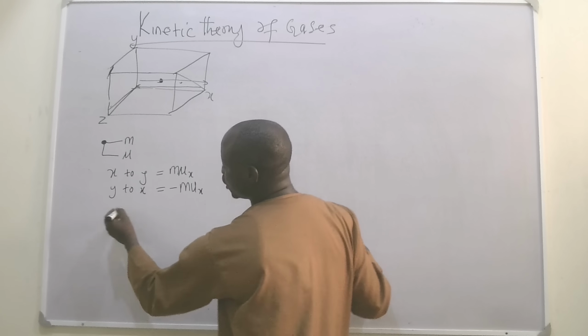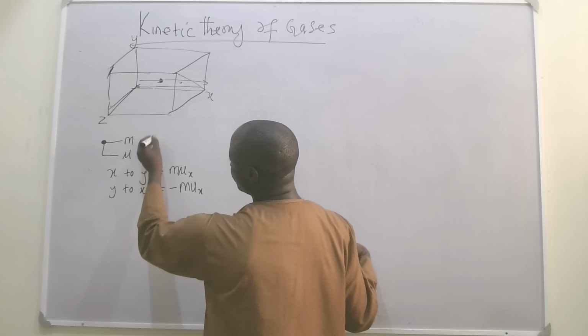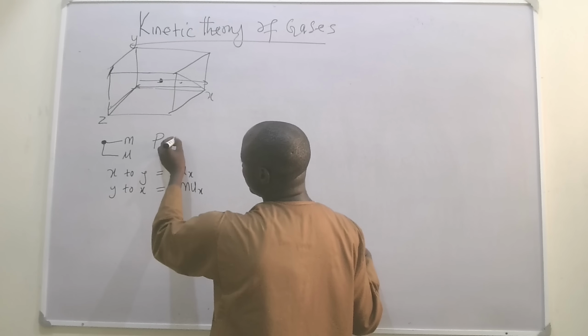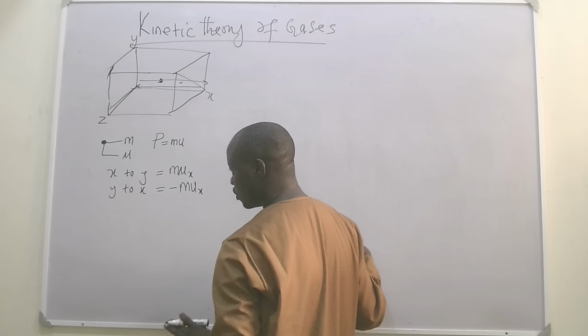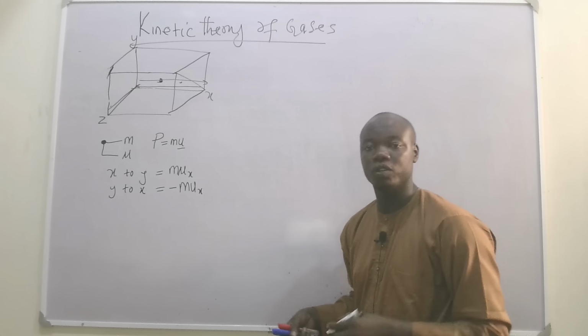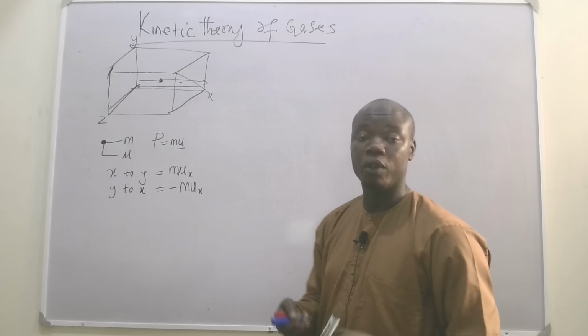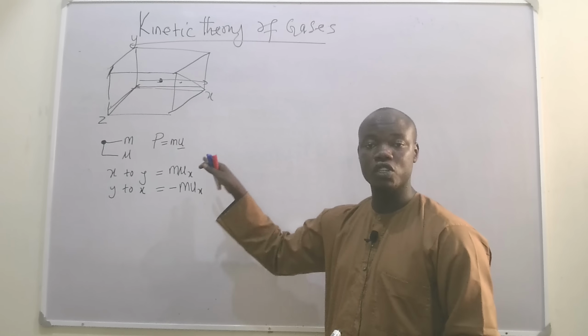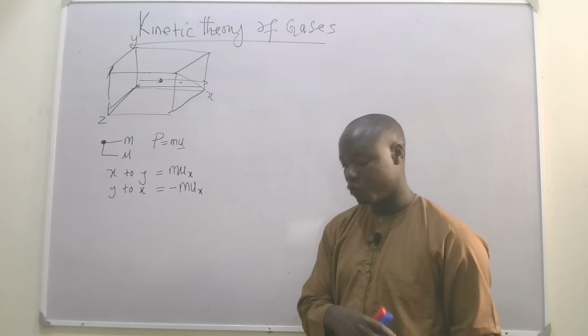To get the change in momentum, we use mass times change in velocity. Why are we using u, not v? Because we are coming to a point where we have volume. So in order to differentiate them, we use u for velocity and v for volume.